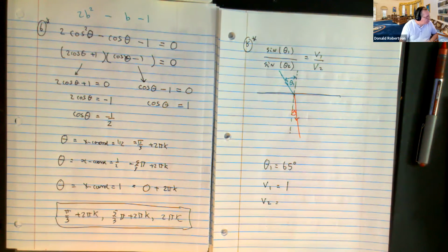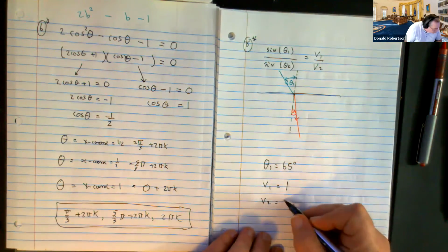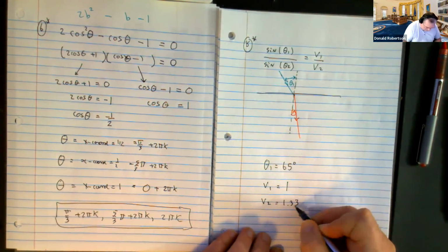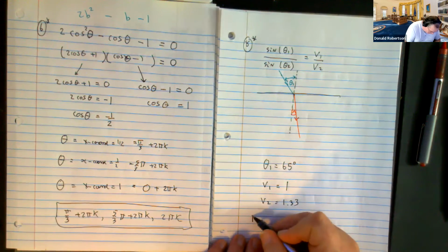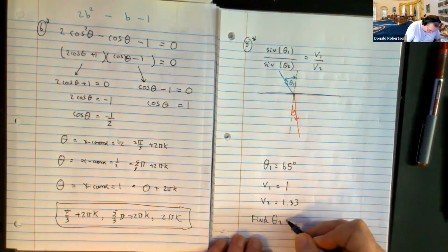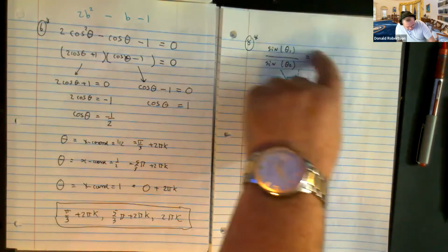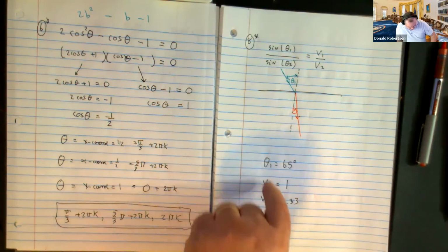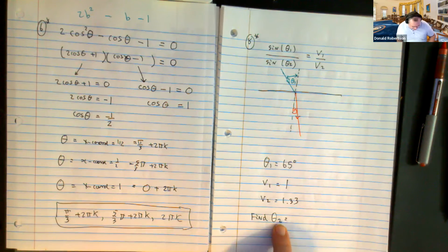In this particular one, it's going to be water. And so when it's water, this number is 1.33. And you are being asked to find the other angle. So you're given this formula, you're told these 3 numbers, and you're being asked to find the angle theta 2.